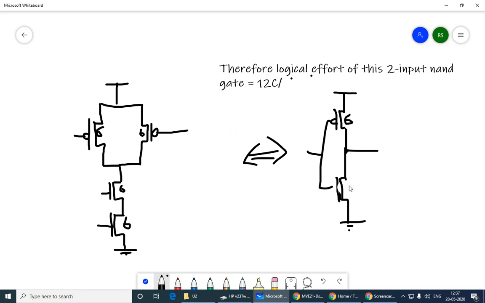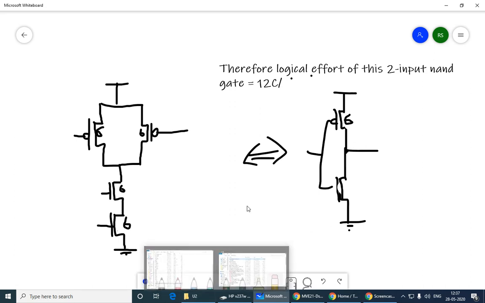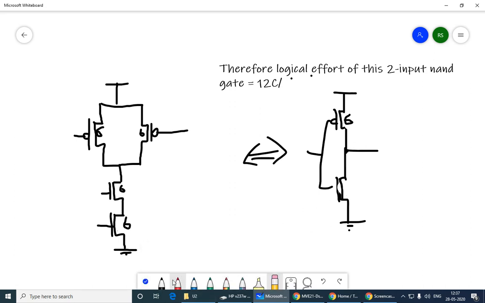Let us say I put 1. Is it the same? What is the total resistance here? R by 6 plus R by 6 is R by 3, and here the resistance is R. So clearly it's not equivalent. I have to replace it with one single transistor whose resistance is R by 3. So what should I put for W by R?